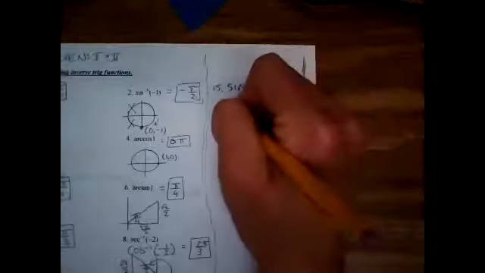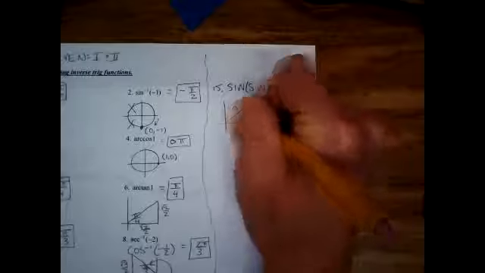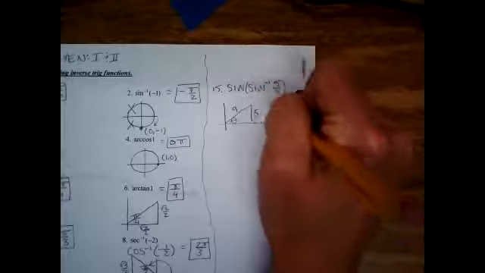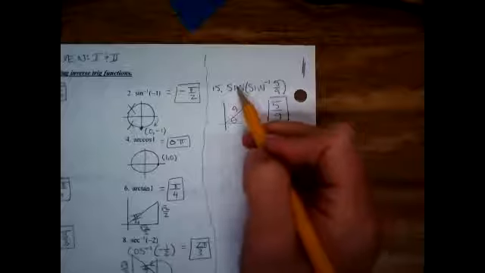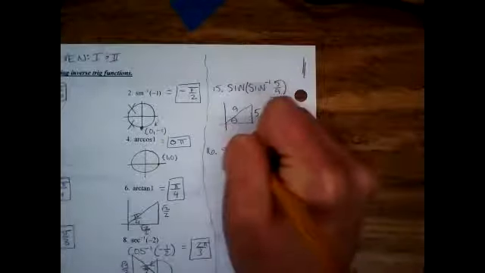Just for the sake of being thorough, if I drew the picture for you, sine is opposite over hypotenuse. And then if you do the sine of that angle, it would be opposite over hypotenuse. It would just be 5/9. It's a no work kind of problem. But if the inverse function is the one on the outside, it doesn't work out like that. So let me show you that.